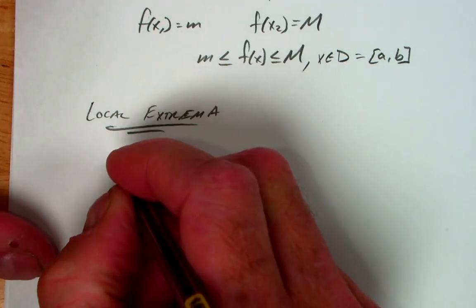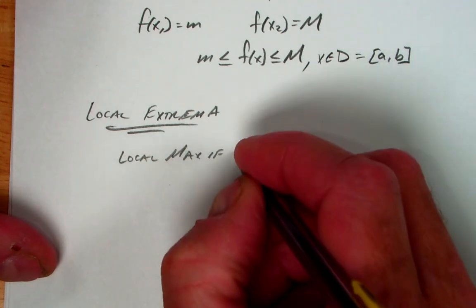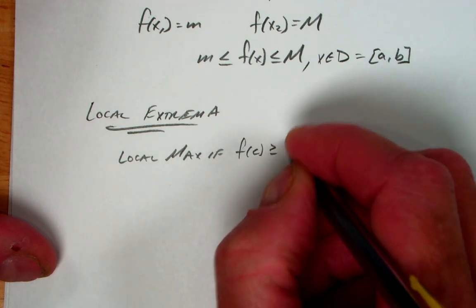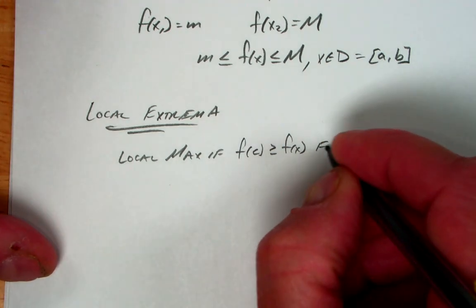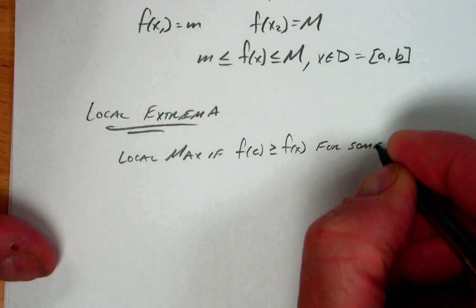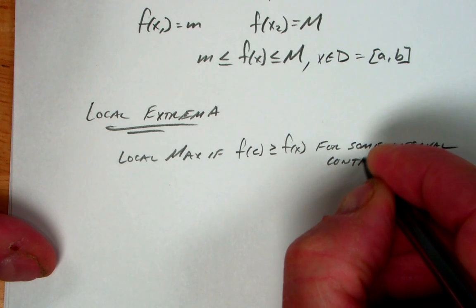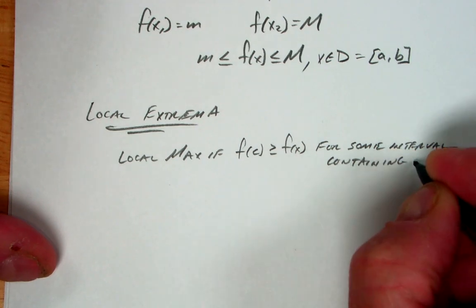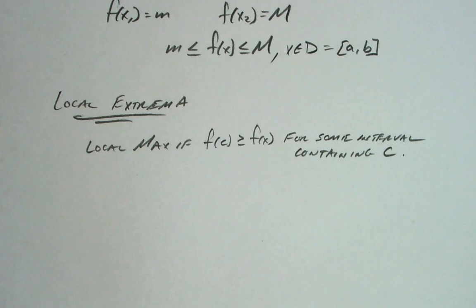There's a local max if f of c is greater than or equal to f of x for some interval containing c. So it's a local maximum if it's bigger than everything else in some interval.